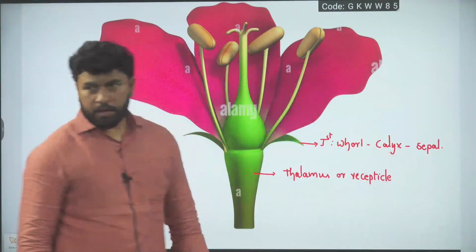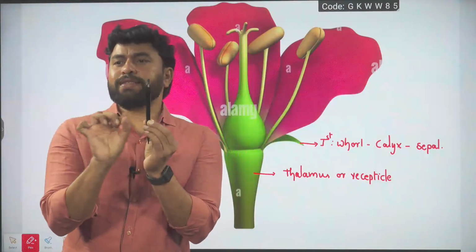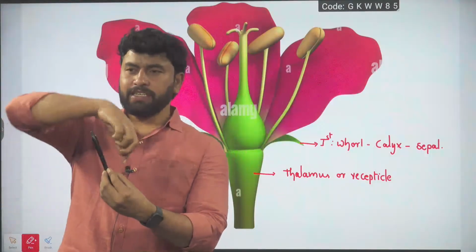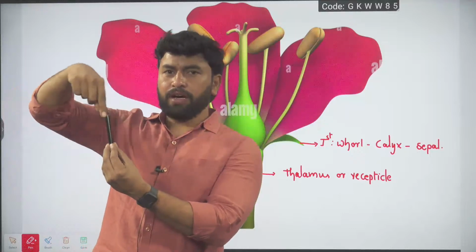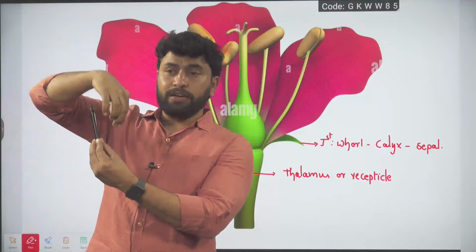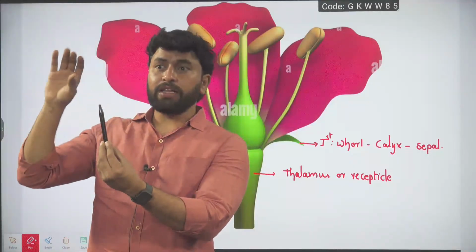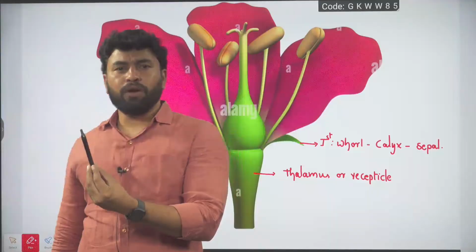Remember, the node is not present on one side of a stem. It is present around the stem. Around the node, the floral organs start to develop. Those floral organs developing around the node, we call a whorl. Whorl means a ring-like arrangement of floral organs.